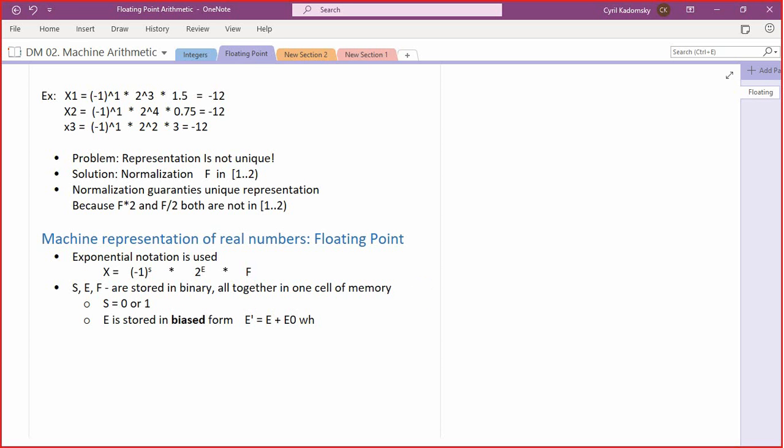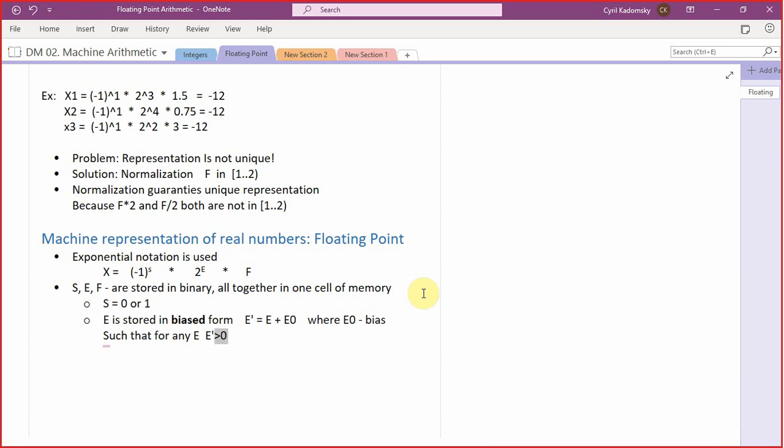where E0 is called the bias. So exponent is stored in biased form, and this bias is selected such that for any possible exponent, the modified exponent will be greater than 0.